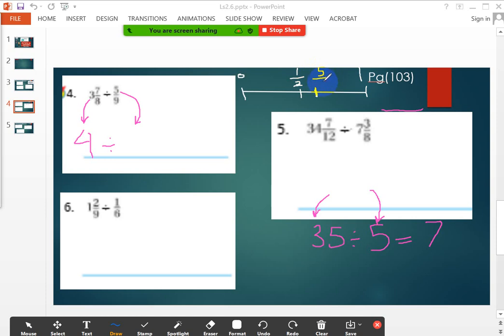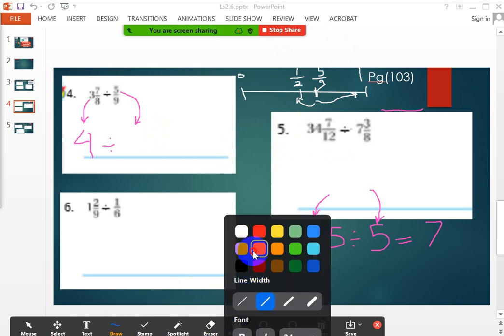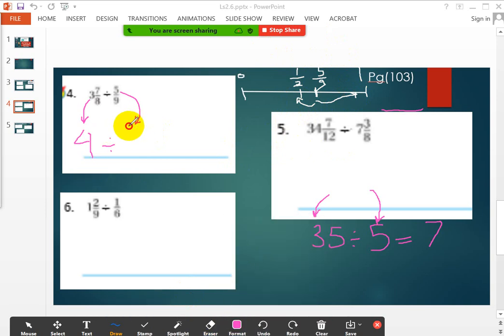Look, Lena, 5/9, is it close to 1 or to 1/2? 1/2. Very good. It's close to 1/2. So I will choose 1/2 to divide 4 by it.